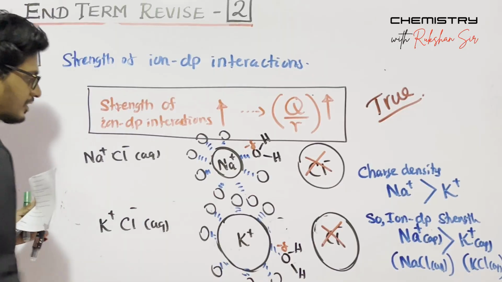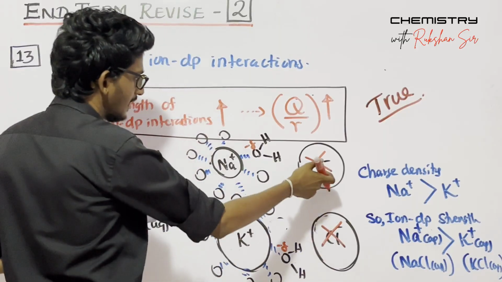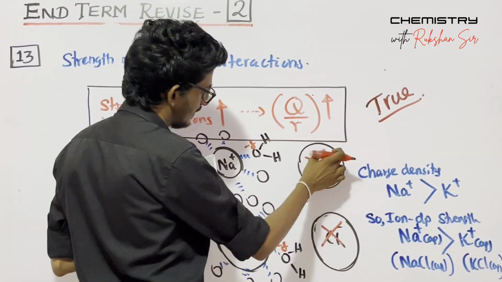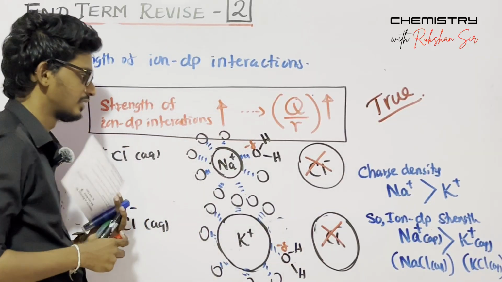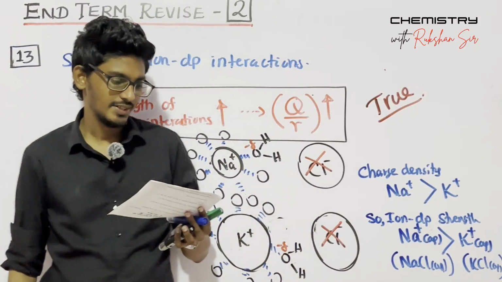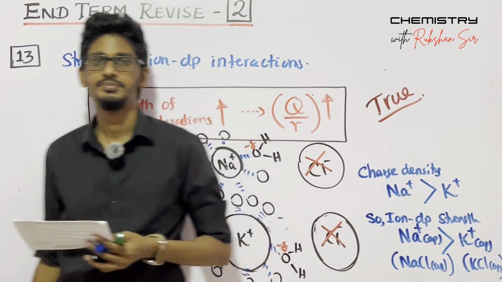Those are the ion dipole interactions. Towards the negative ions, what will attract from its positive terminal? The hydrogens, right? That is understood, no? So this is the review for statement 13.